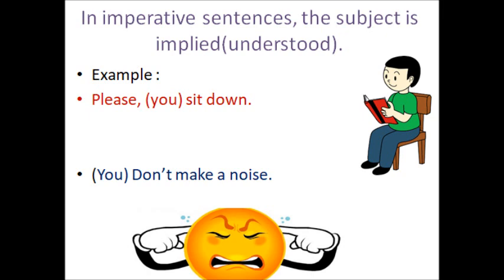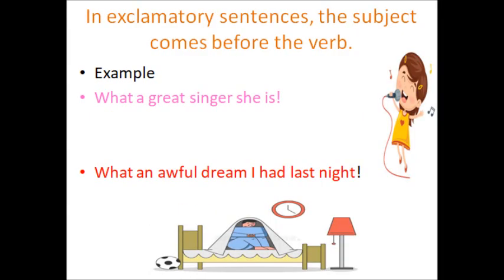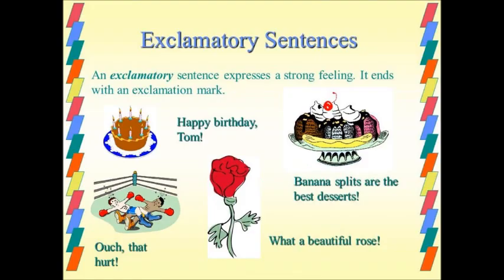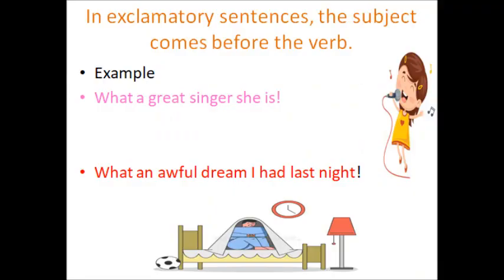Alright? The next point is in exclamatory sentences. So children, do you remember what are exclamatory sentences? So sentences that express strong feelings and end with an exclamation mark are called exclamatory sentences. So in exclamatory sentences, the subject comes before the verb.